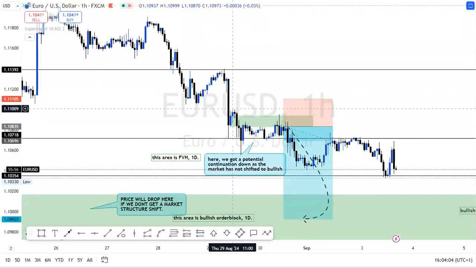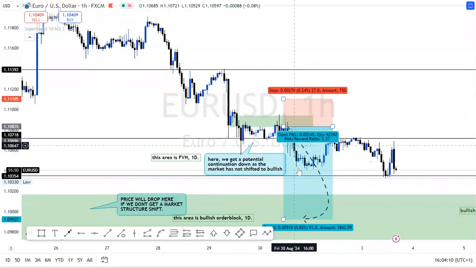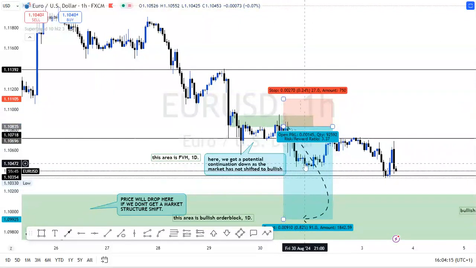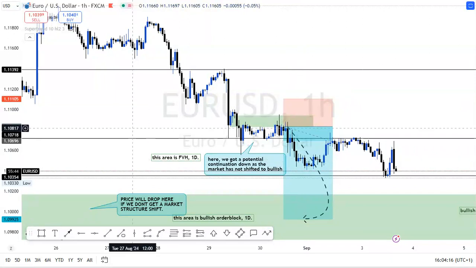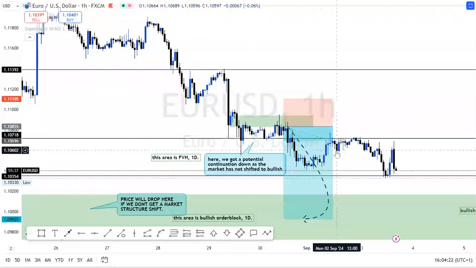There's a swing low here, a swing high, a swing low, and a lower high, and I sent a signal that price is going to keep selling from there. Even though we are in a bullish fair value gap on the 1 hour, on the daily time frame, as long as the market does not shift to become bullish, it will keep dropping. It can drop forever if the market does not change its structure.